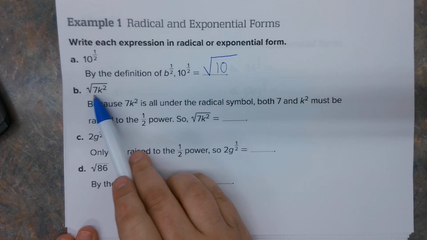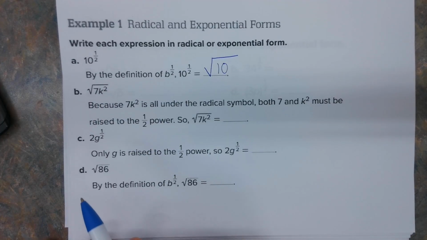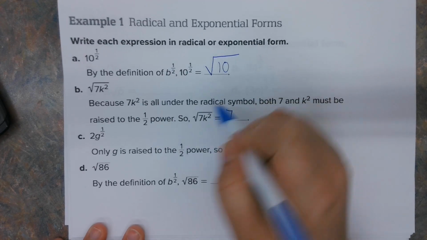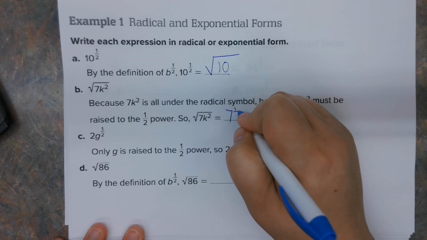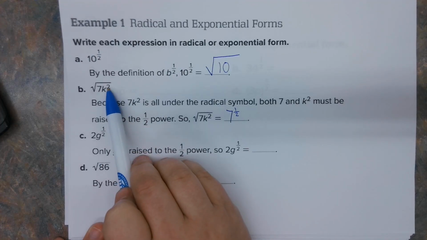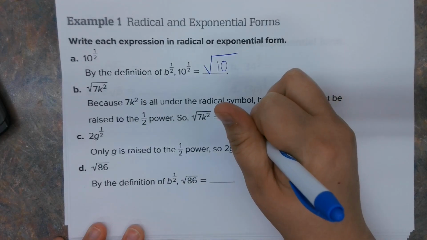This one I have the square root of 7k to the 2nd power. Well, my 7, I have to put the 1/2 there because I can't find the square root of 7, but I know it's going to be to the 1/2 power. This, it's almost like 1/2 of 2 is 1, so this is just going to be k.